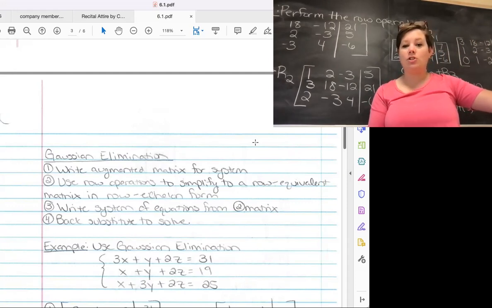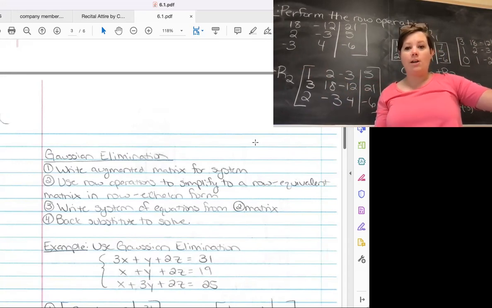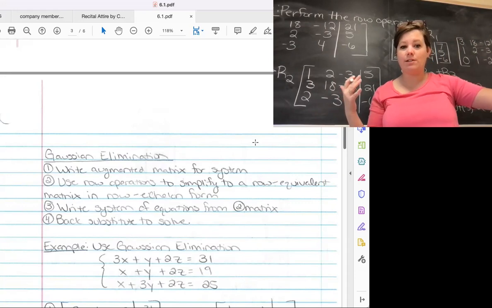So Gaussian elimination is going to allow us to go from an augmented matrix to our row echelon form and thus solve a system of equations using matrices.